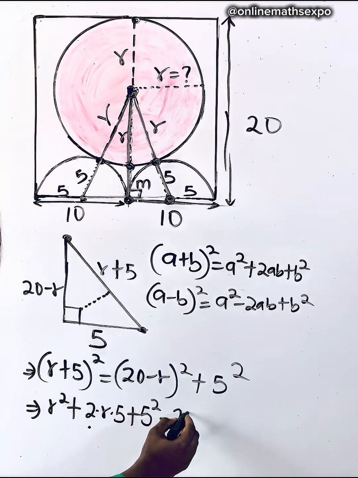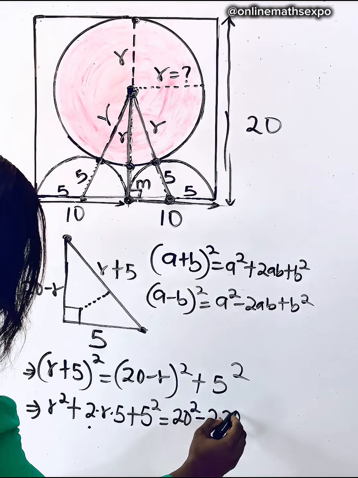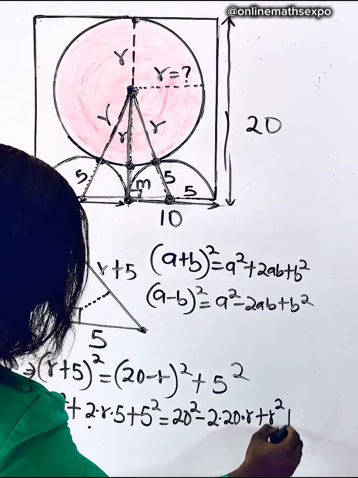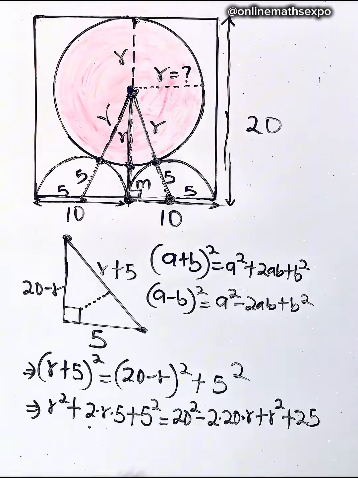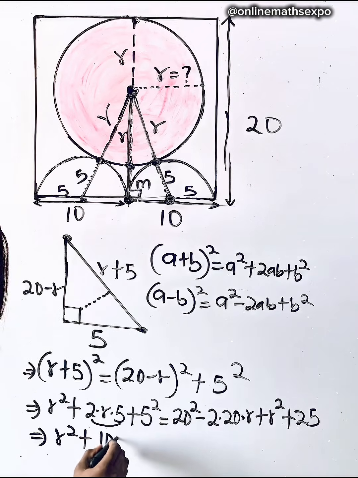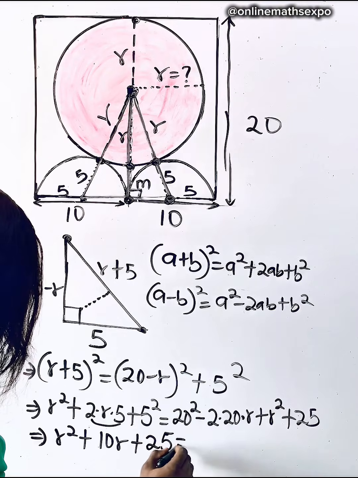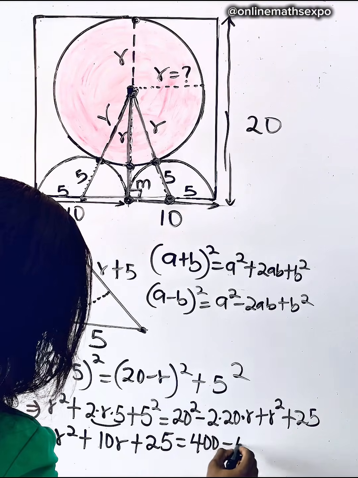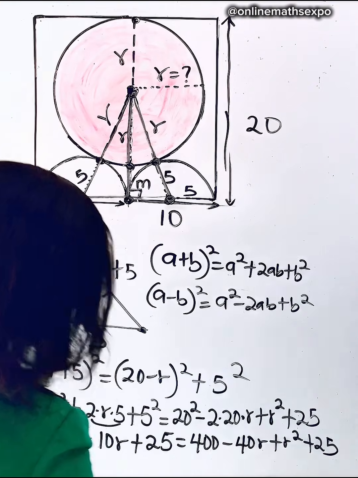Applying it here, we have 20 squared minus 2 times 20 times R plus R squared. Then 5 squared gives us 25. Keep solving. R squared plus, multiply this, it gives us 10R plus this gives us 25 is equal to, this will give us 400, this will give us 40R plus R squared plus 25.